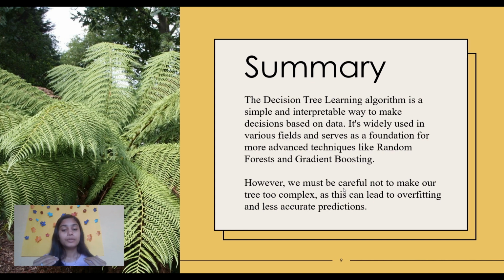Okay, so last thing, the tree should not be too complex. It should be easy to understand and it should be short and sweet, so that it will be easy to predict the outcomes. So yeah, that's it for this video, and I'll see you in the next video with an example, and I'll help you understand this decision tree more in the next video.